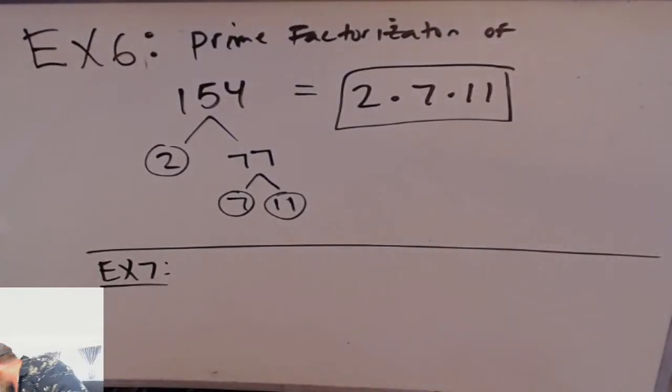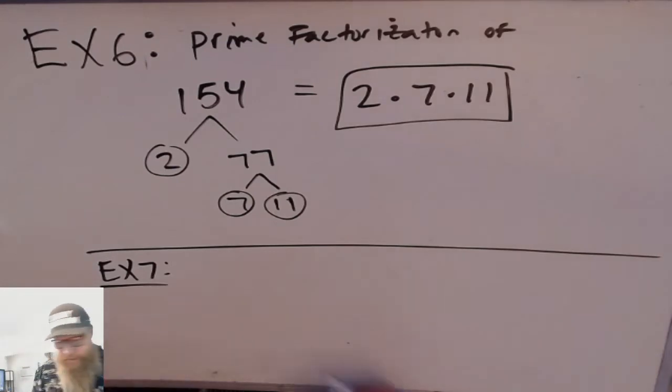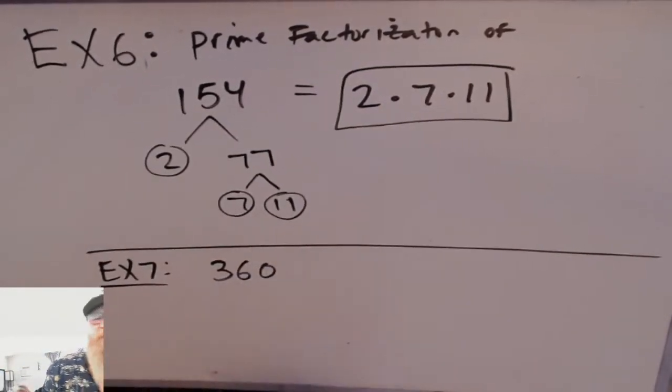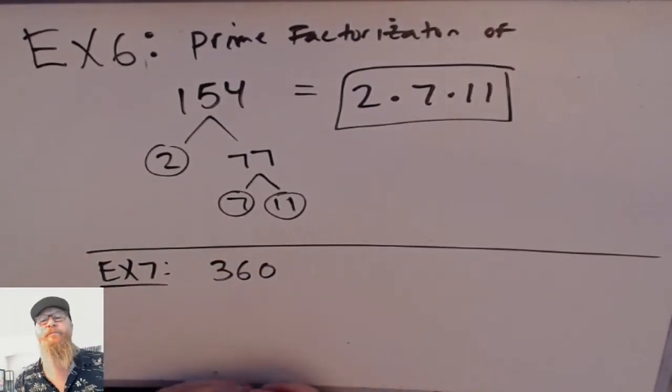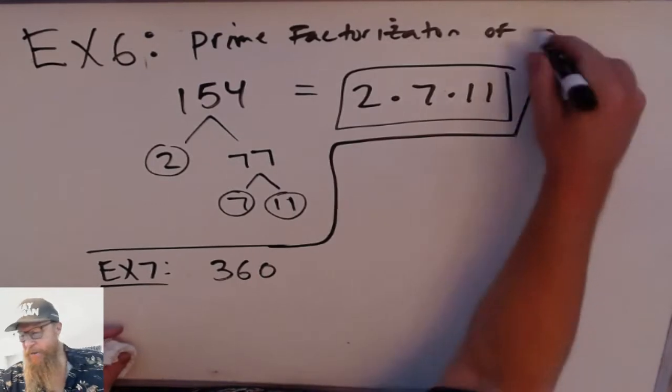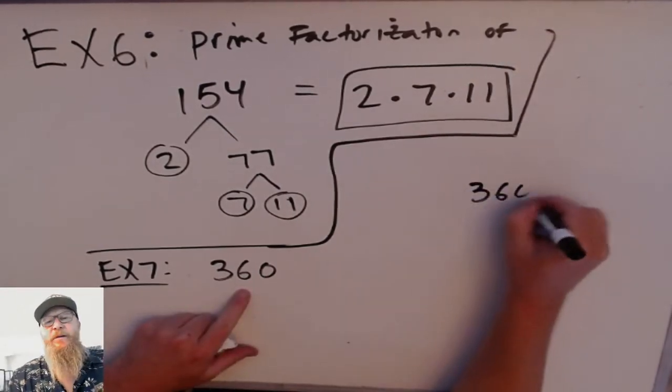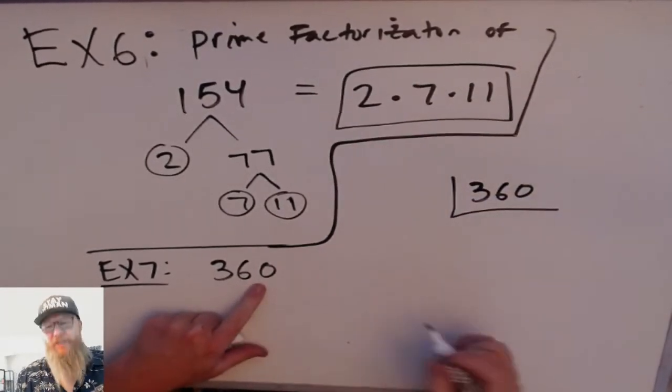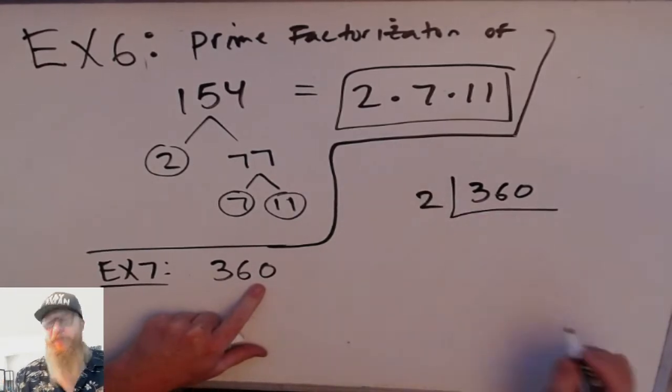How about one more? Here's a really gnarly one, 360. All right, 360. Let's do the ladder method one more time. So 360, what's the smallest number that goes into 360? 2.